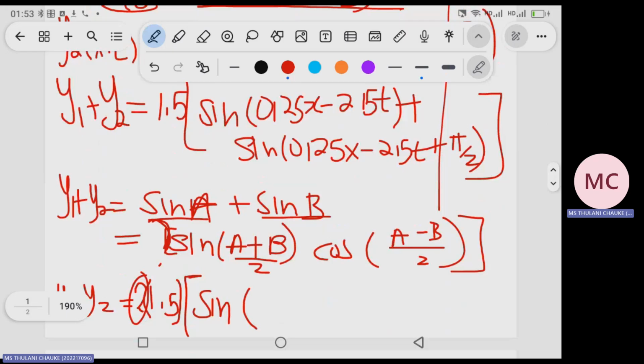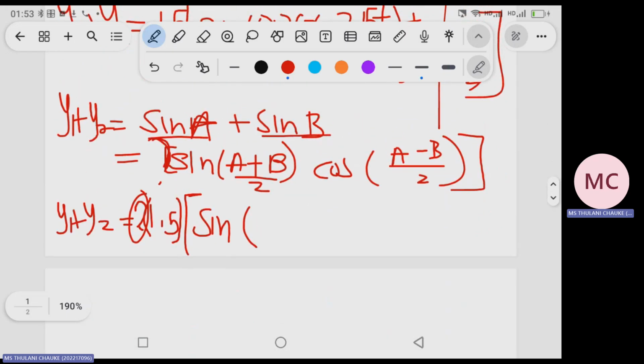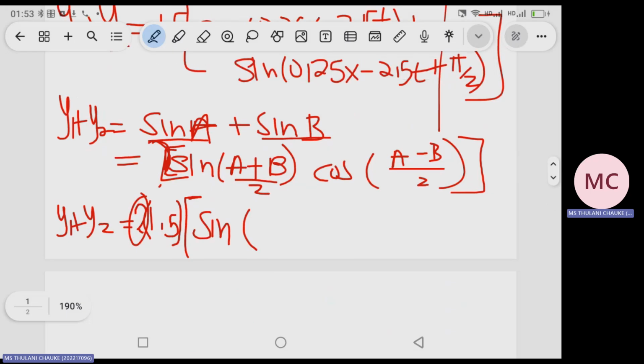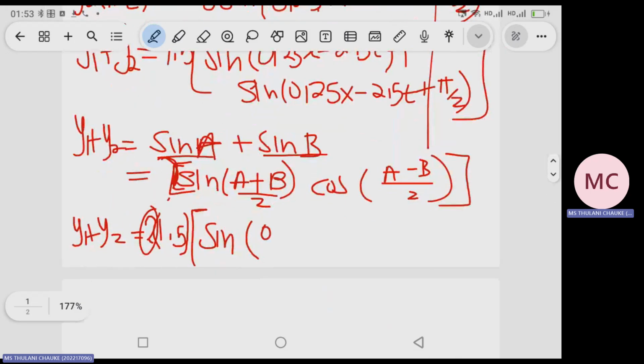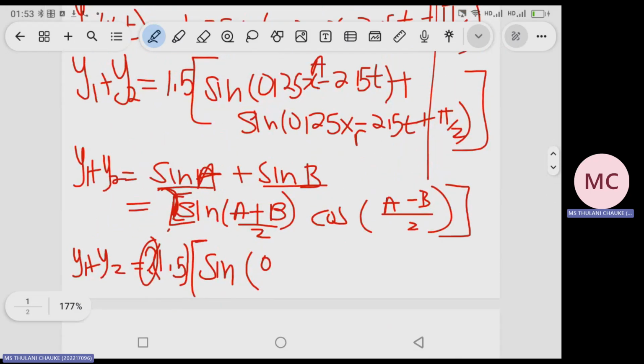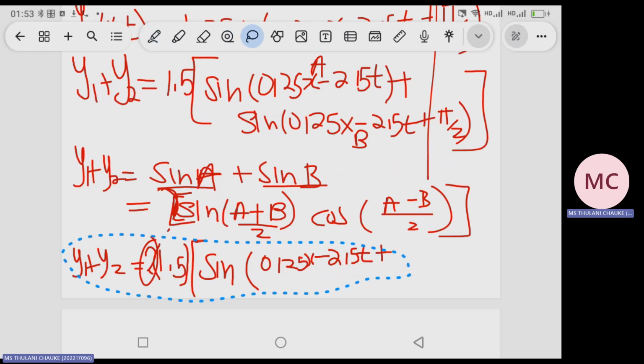So let me scroll down. So this is the identity, right? So here we'll have sine of the angle. This one will be our A, and this one will be our B, 0.25x minus 2.5t, and then we'll add. Okay, this is not going to fit. Let me move it to the next page.